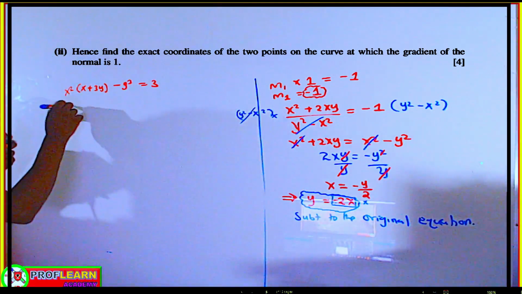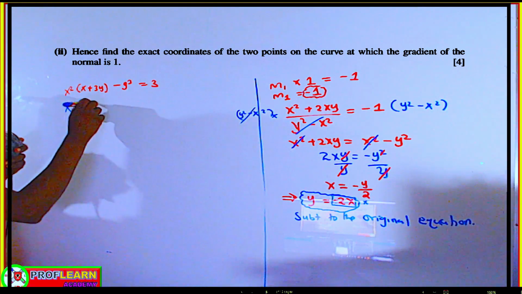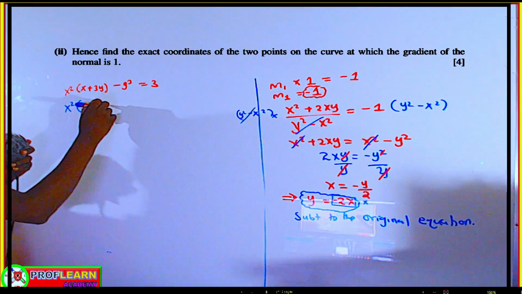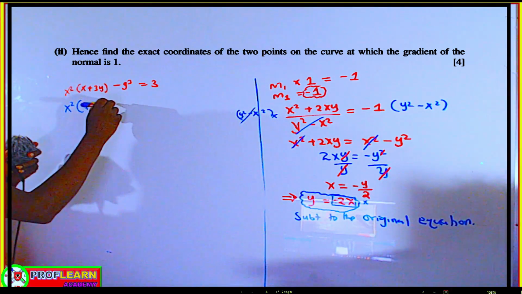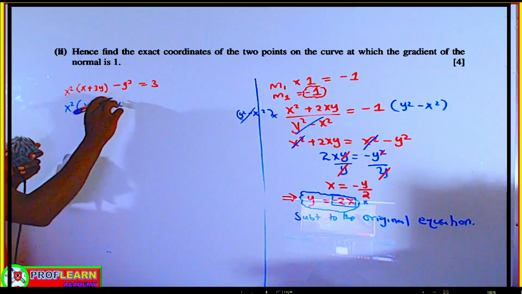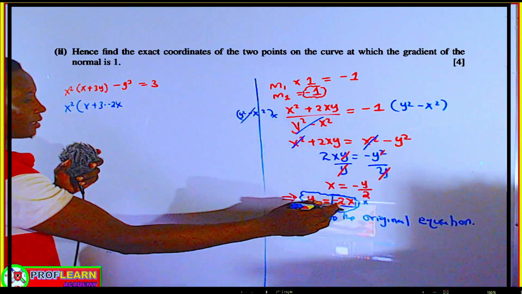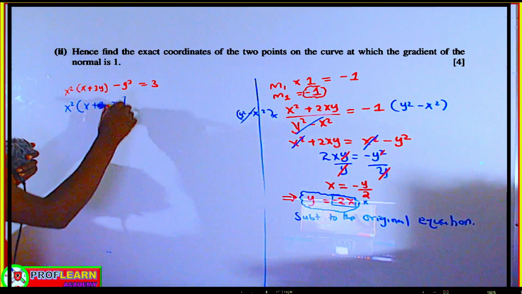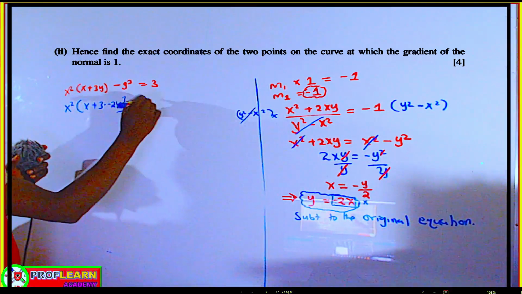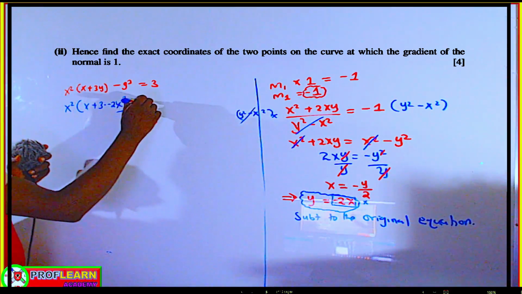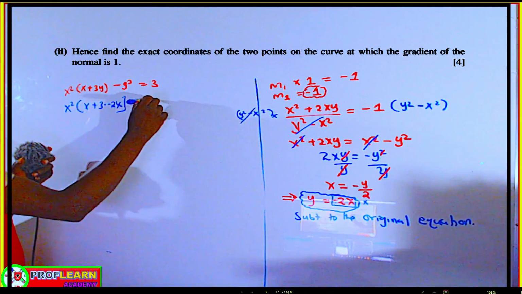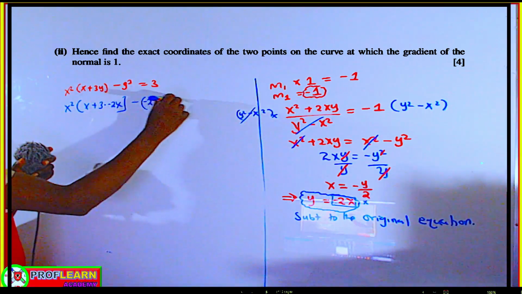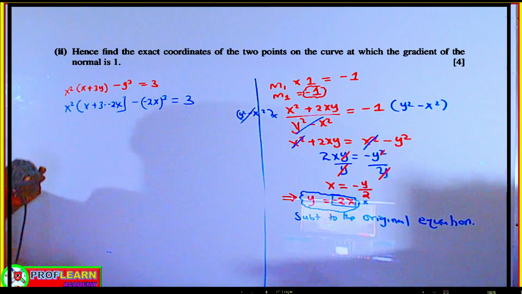So this is going to be x squared into (x plus 3), but 3 is now multiplied by -2x, because we have said y is -2x. And then minus y cubed, but this is now (-2x) cubed.